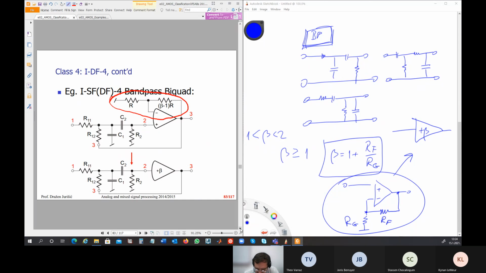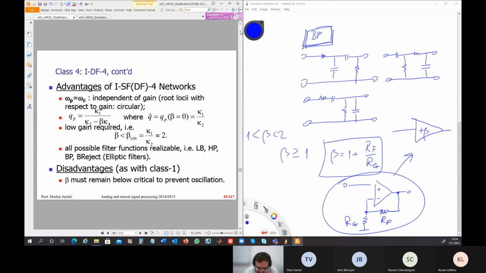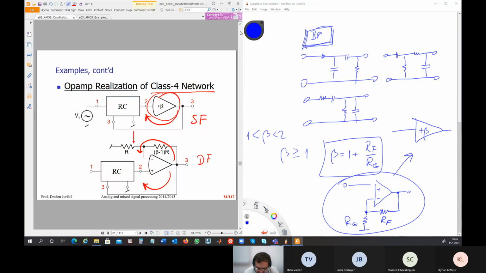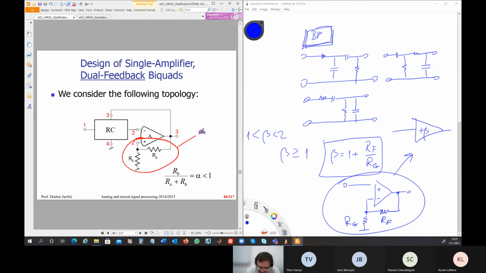And here, not RC, R network, so voltage divider, pure resistor network is here on the plus. You see? So here it's on the minus. Here is on the minus. Here is on the plus. Input of the operational amplifier.